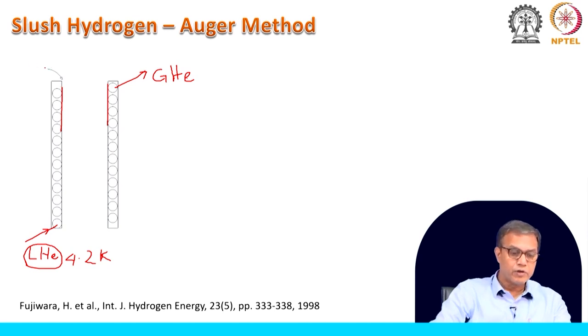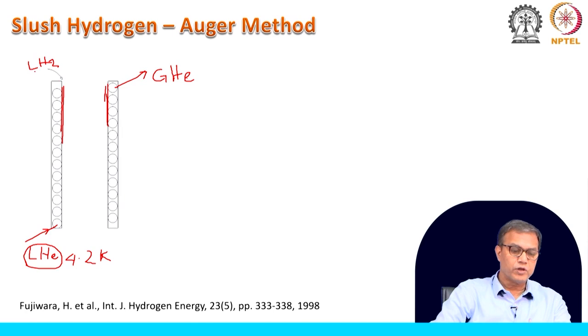Now if we pour liquid hydrogen from the top, it will come in contact with this surface, and it will create a solid hydrogen layer on this tube.